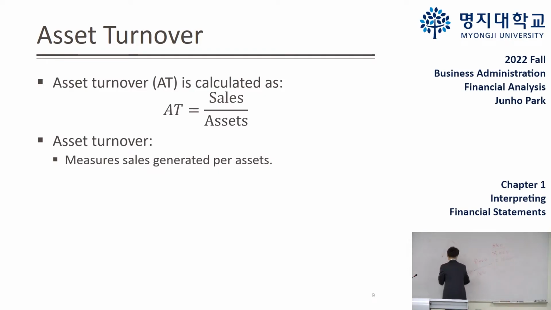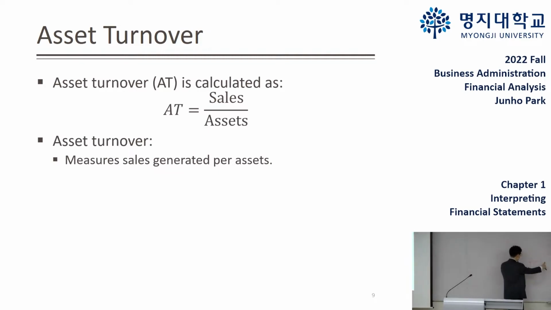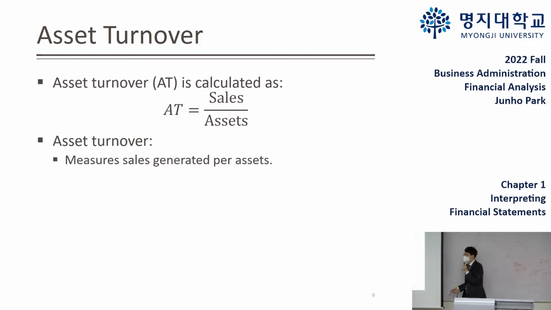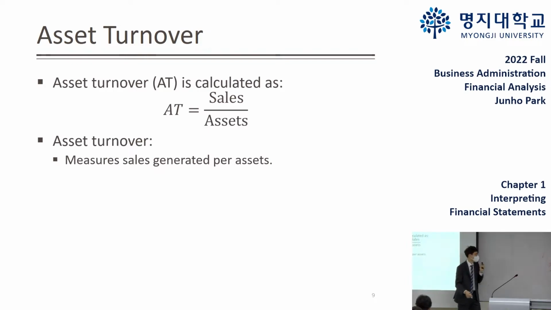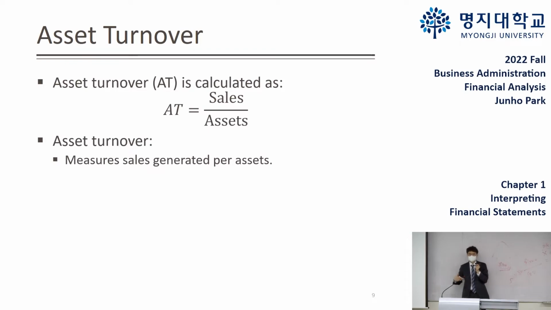So if I have a higher ratio, it means that I am generating more sales with this limited space. But on the other hand, if I have a smaller number, for example 5, that means I'm not that good at generating sales from the limited assets. So a higher number means higher efficiency.